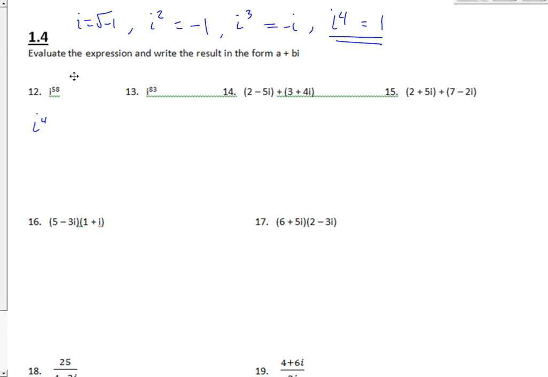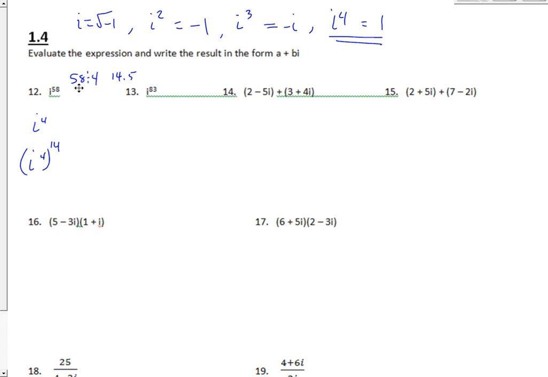So if I take 58 and divide by 4, that gives me 14.5. So if I take i to the 4th, to the 14th, that is taking 1 to the 14th. So essentially, that's 1.